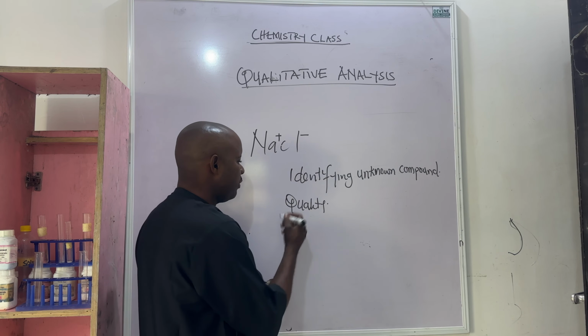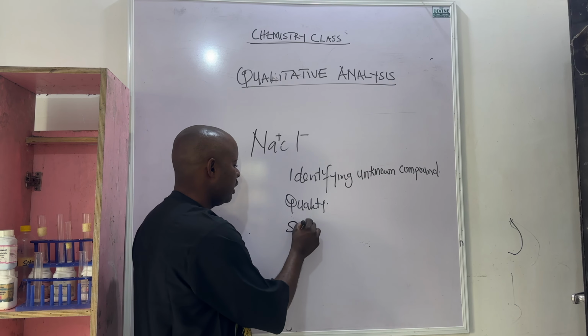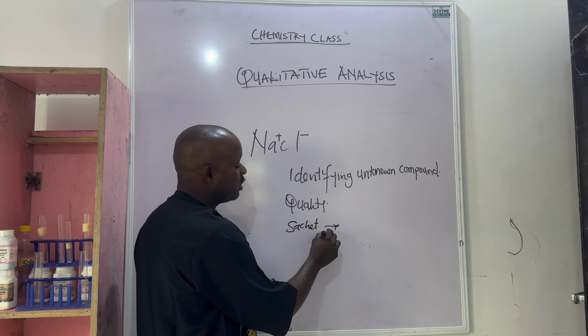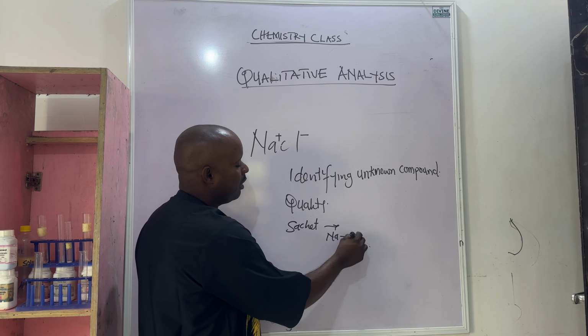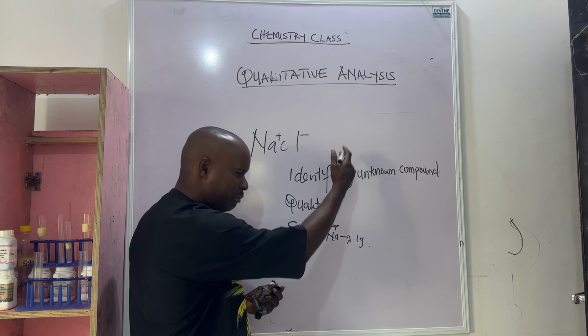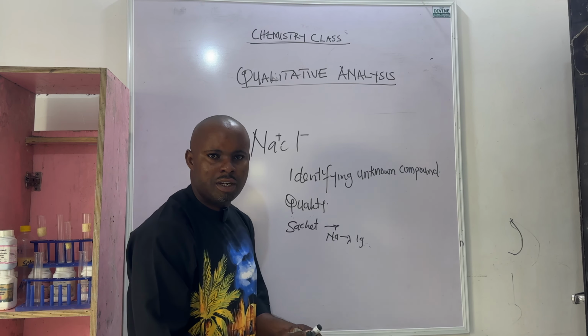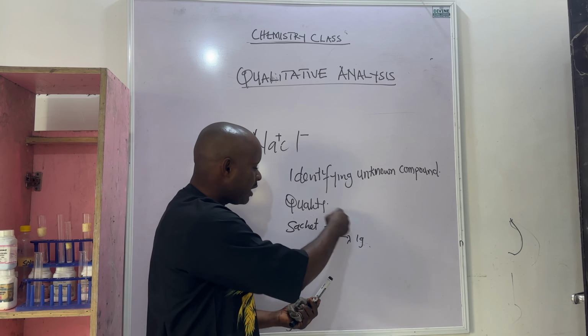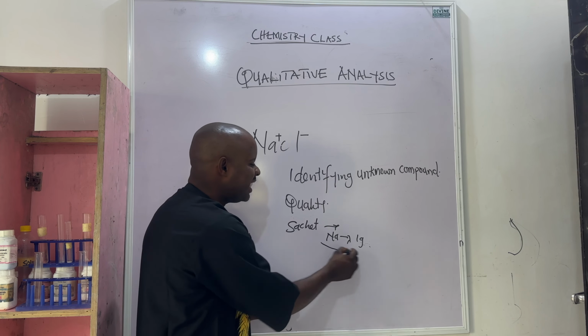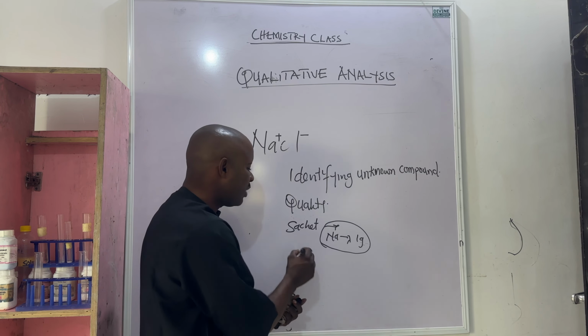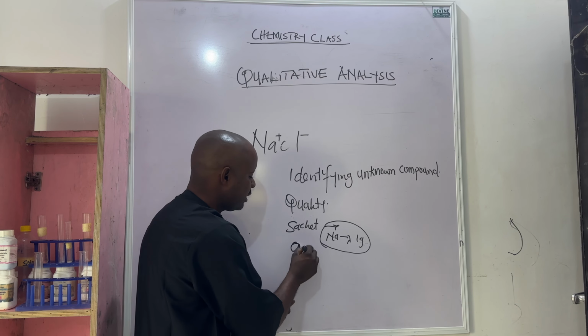Let's use sachet water. In sachet water, you will see sodium, and sodium has only 1 gram. They will tell you the breakdown of the nutrients in the water. This aspect of chemistry that deals with the identification of each of these components is known as qualitative analysis.